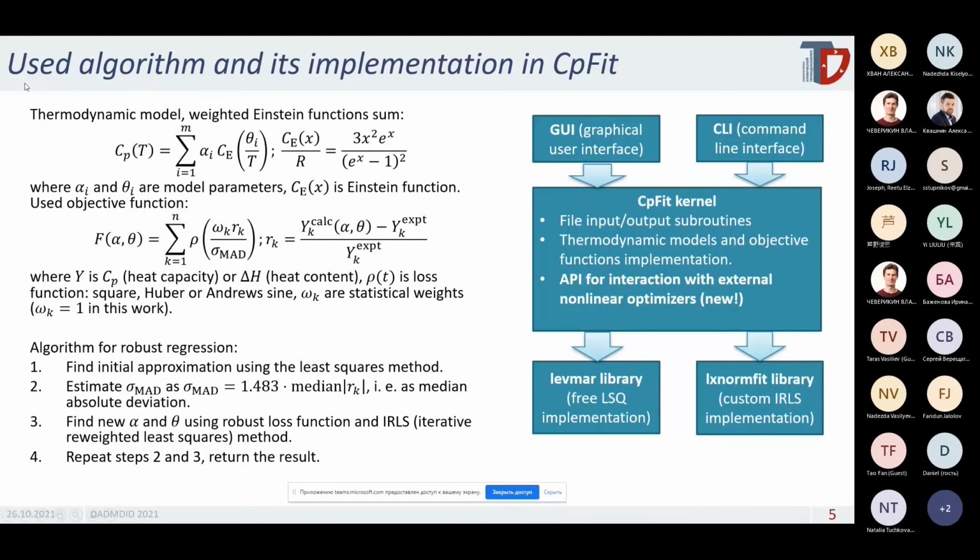The M estimators were added into the CPFIT program. This program approximates thermodynamic functions of individual substances by the weighted sum of Einstein functions. So we have several alphas, weights, and several thetas, several Einstein temperatures. In the new version of the CPFIT program, arbitrary M estimators were added.